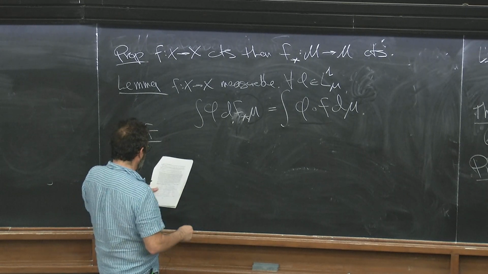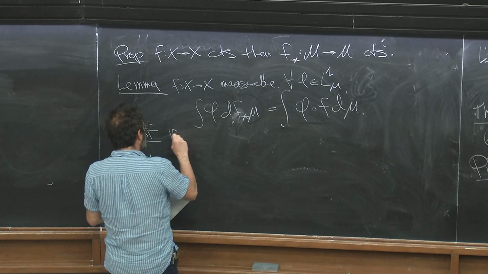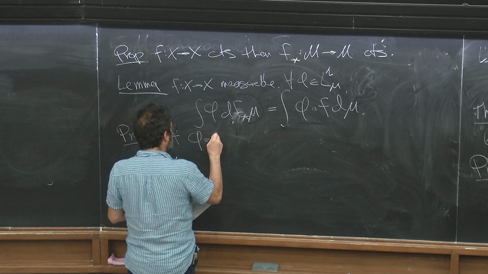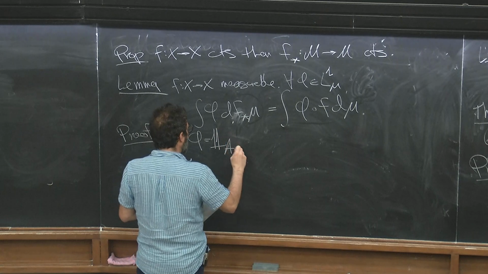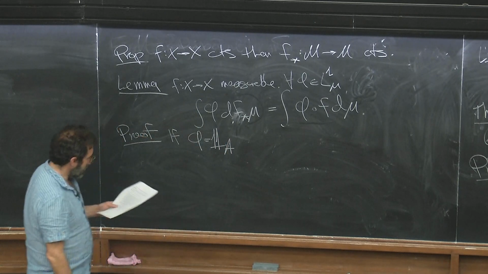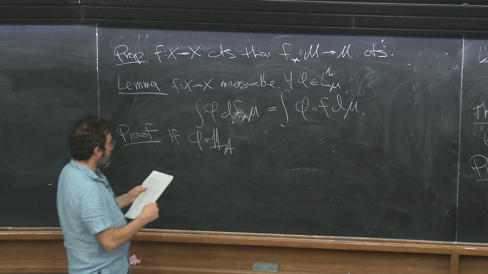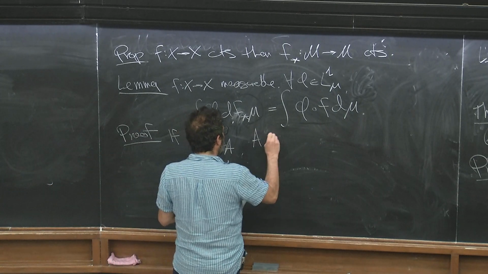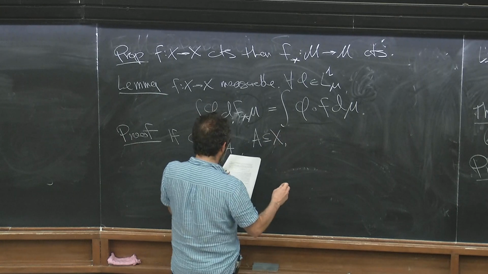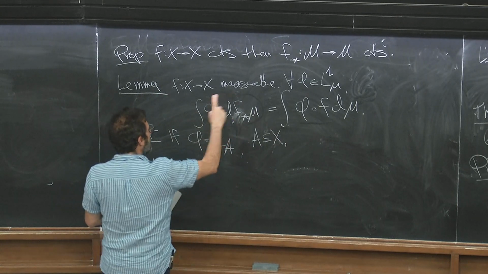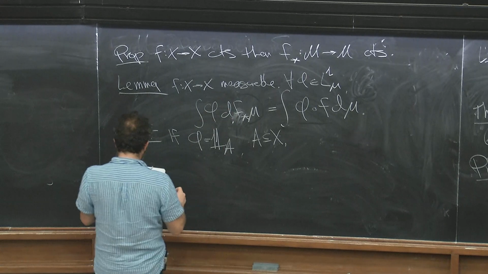But if phi is the characteristic function of some measurable set A in X, then it's quite easy to see. What does this mean here?